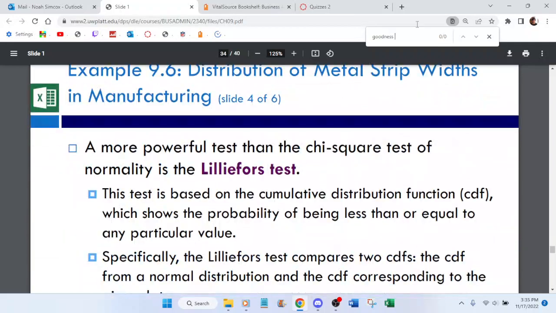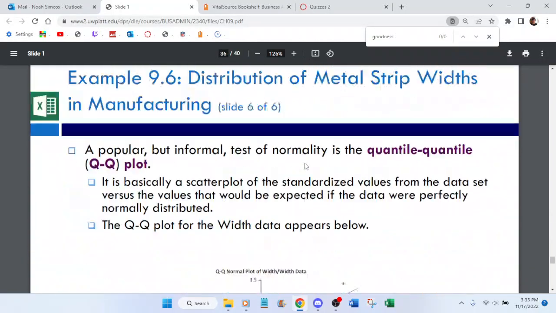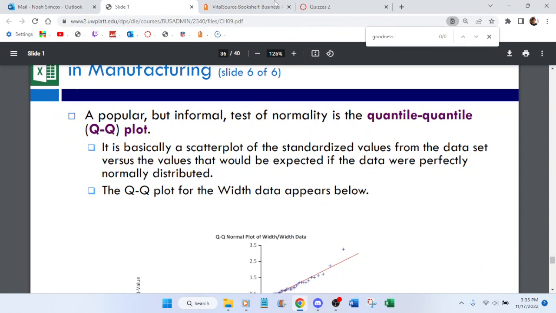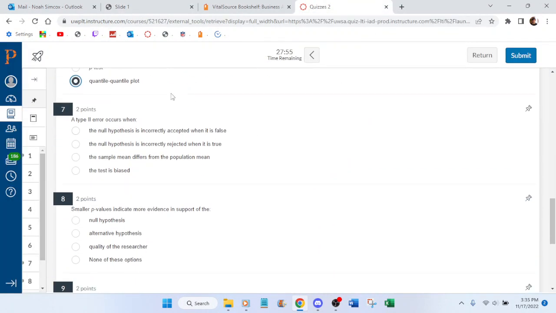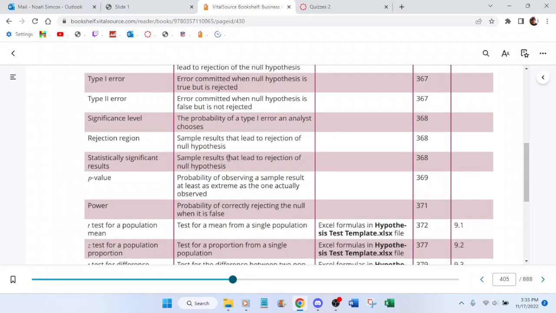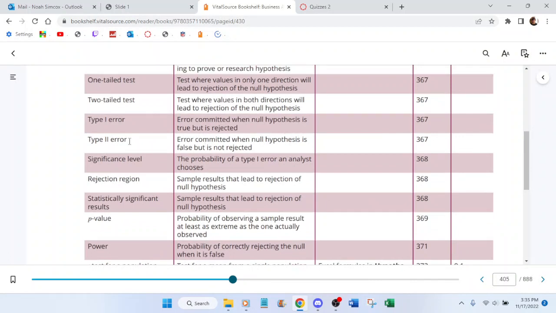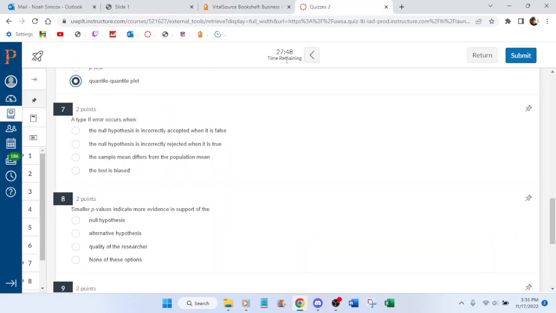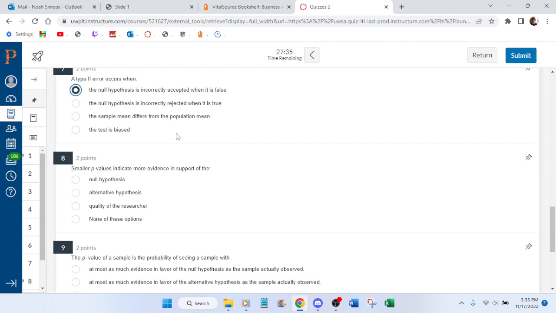Where is it? I forgot where it is. Quantile. A type 2 error is when the null hypothesis is false but is not rejected. The null hypothesis is incorrectly accepted when it is false. Smaller p-values indicate more evidence in support of the alternative hypothesis.